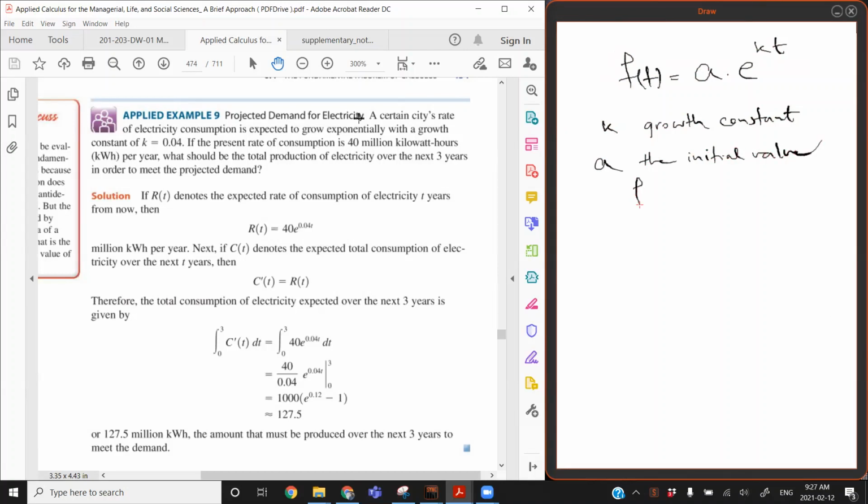In other words, if I plug in 0 for t, I'm going to get a times e to the power of k times 0. That's going to be a times e to the power of 0, which is 1. So I get a.